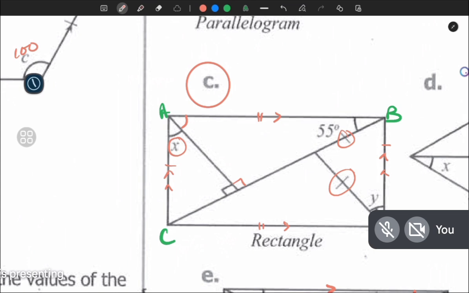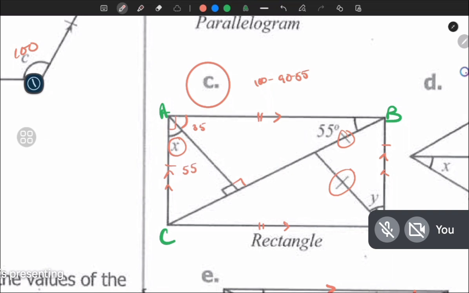You've got 55, you've got 90, and then you've got 180. How much do you get from this? 135. So 35, right? Now I've got 35 here, and this angle is 90. So how much is x? 55. Yep.